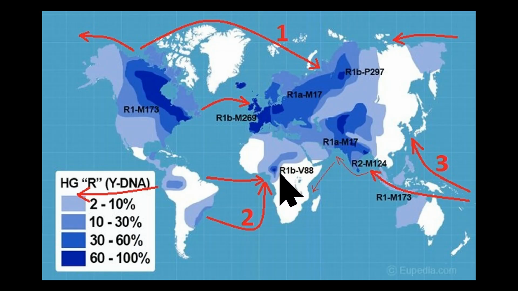Besides, this is a child, a descendant of the root or of the parent, the ancestor. This is the ancestor, and the B means that it is a child, a descendant of the ancestor. This mutation in Africa is different from all other mutations, and that is probably because it comes from another location.